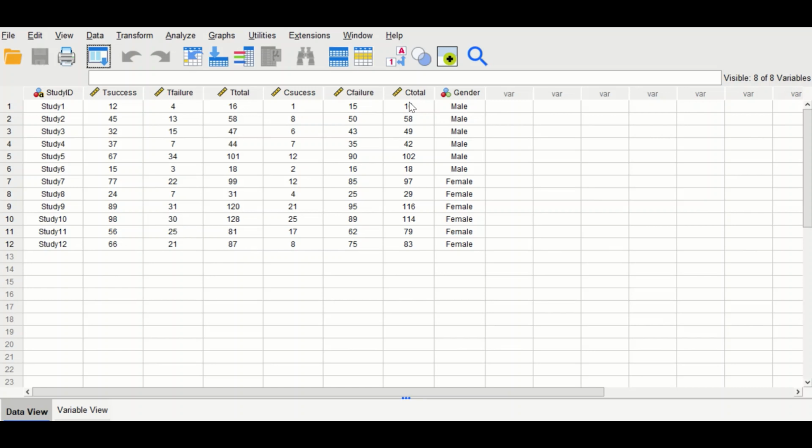And at the far end here is a variable for gender, in which the first 6 studies were looking at only male participants, and in the remaining 6 studies, they were recruiting only females.